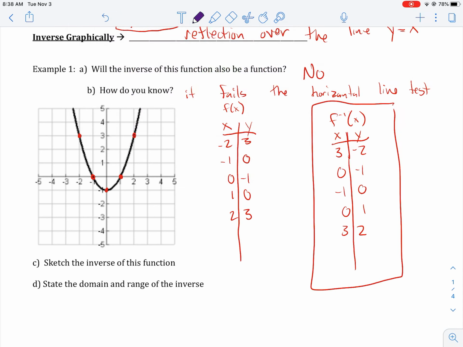Let me go purple. So I'm going to graph 3, -2; 0, -1; -1, 0; 0, 1; and then 3, 2.